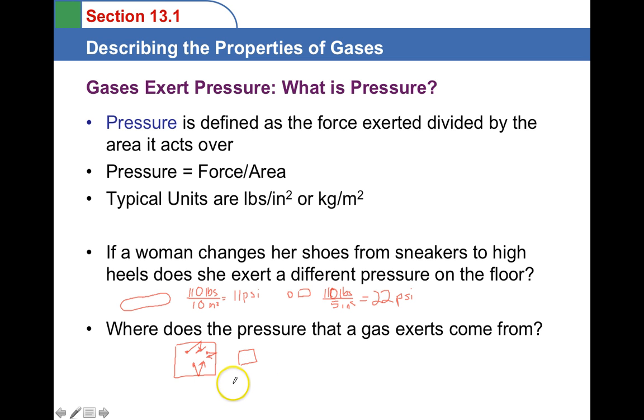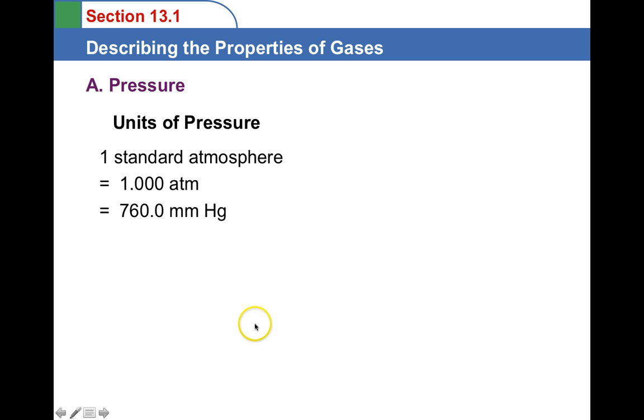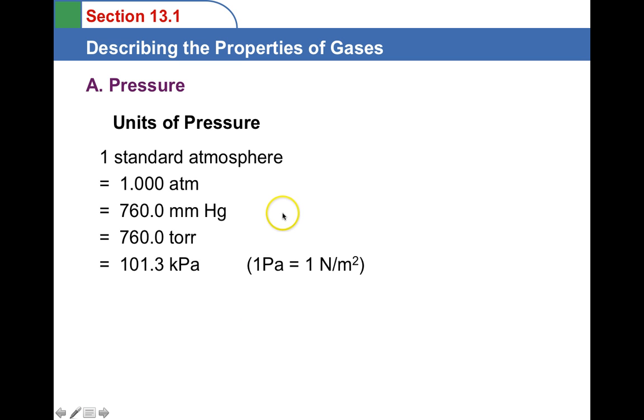Let's move ahead and talk about units, because the units of pressure are wide and varied. One standard atmosphere of pressure, 1 atm, is equal to 760 millimeters of mercury, 760 torr, 101.3 kilopascals. Remember, kilo represents 1,000. That's what that k is.